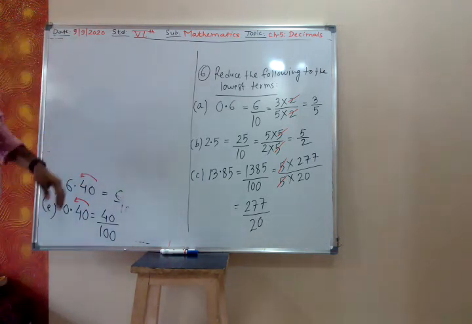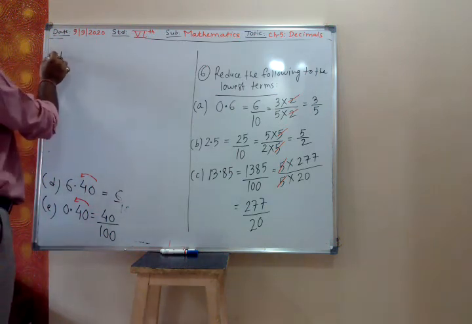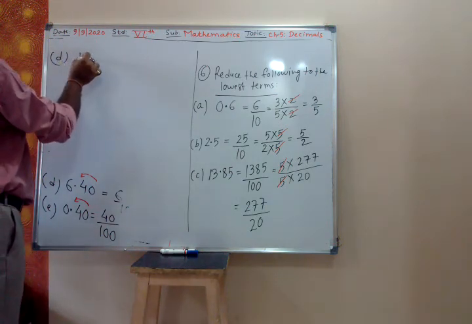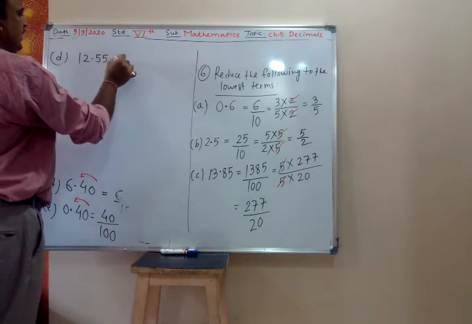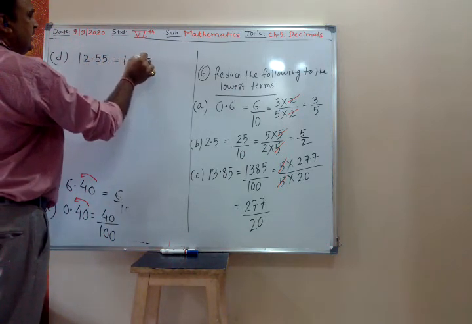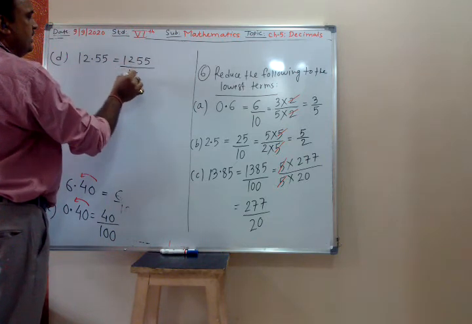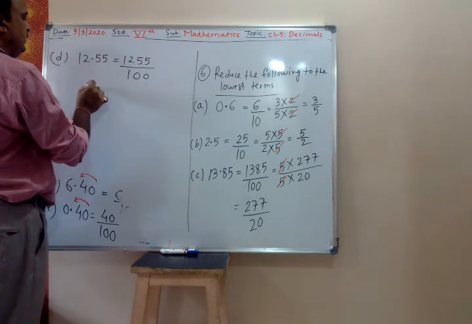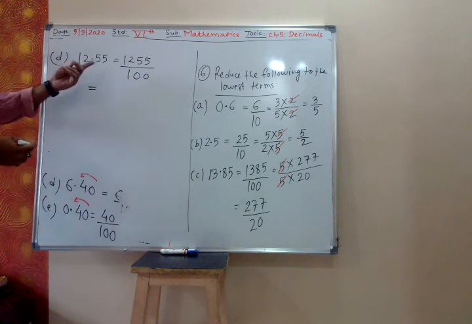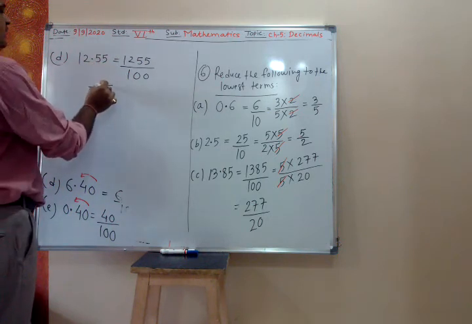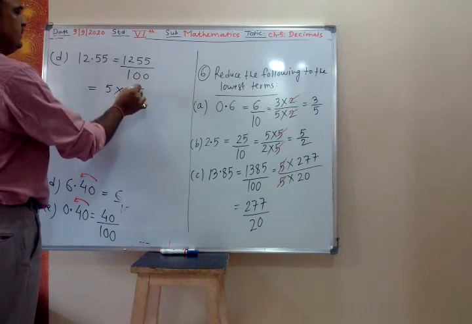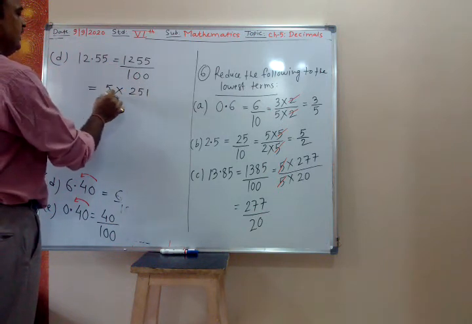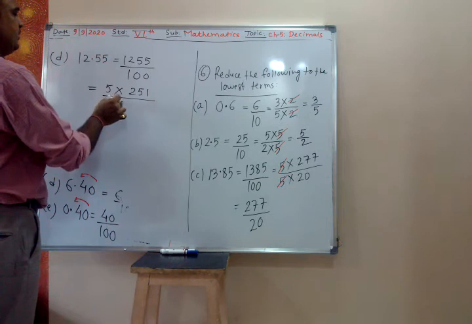12.55, D. 12.55, you will write 1255 upon 100. Then this you can write as 5 into 251 upon 5 into 20.